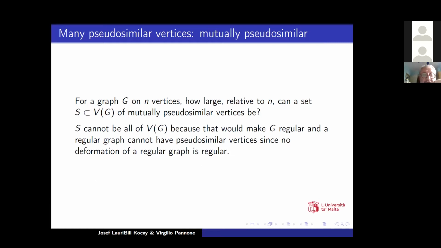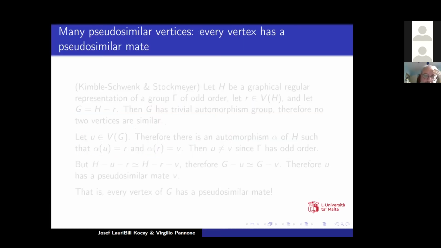Okay, so we are establishing a bit of a link. I was talking about many pseudosimilar vertices. Just to complete the survey, it is possible to have a graph in which every vertex has another vertex to which it is pseudosimilar. It doesn't mean that they are mutually pseudosimilar, because some could be in the same orbits.